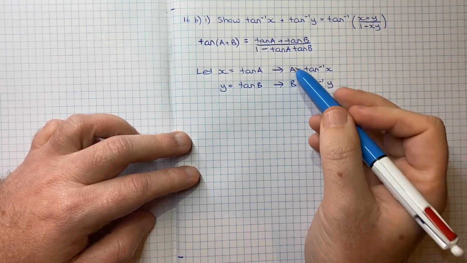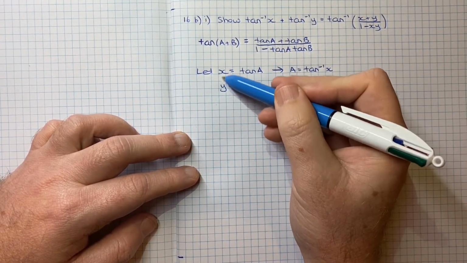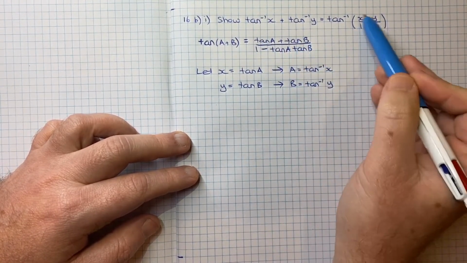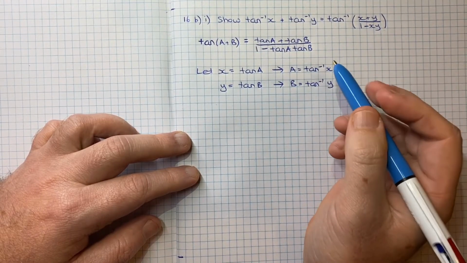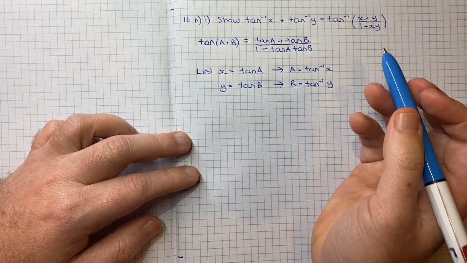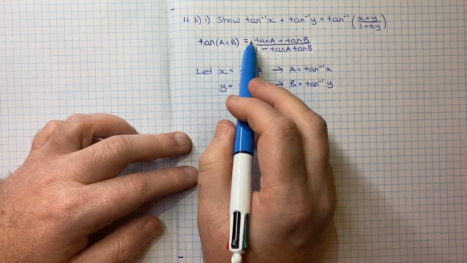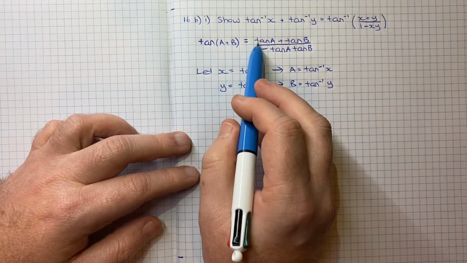I think the key is to define x and y in a sensible way, and the hint is noticing the similarity. So from there, we can take the inverse tan of both sides of this result.